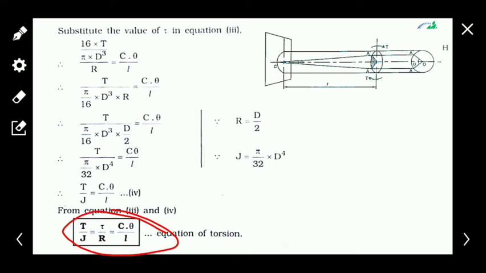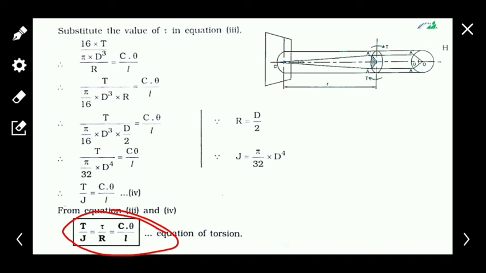I hope that you understand very well all things related to torsion, what torsion is, and mainly that torsion accounts for the transmitting elements, the transmission of rotational motion.